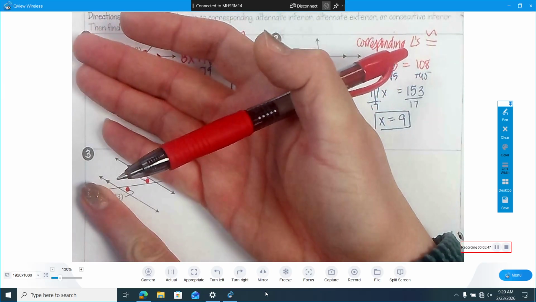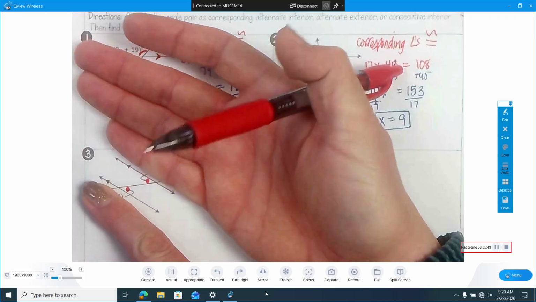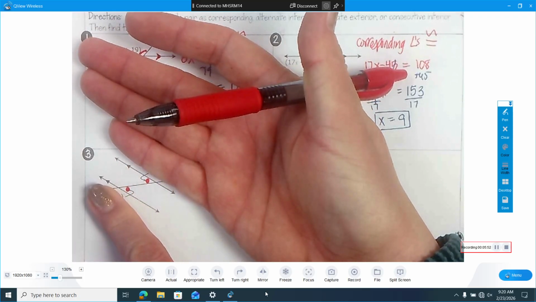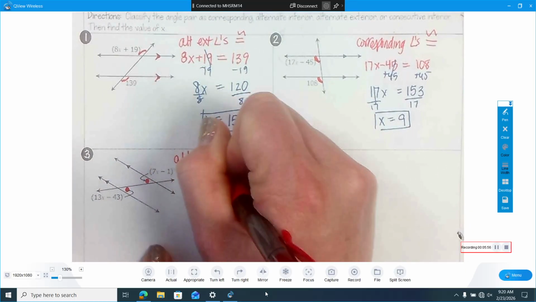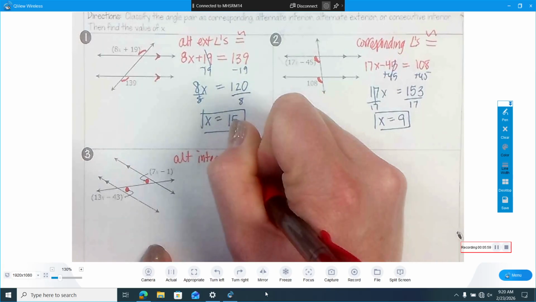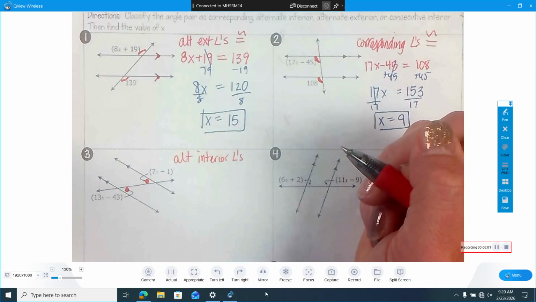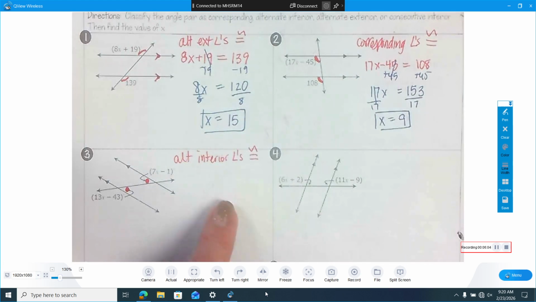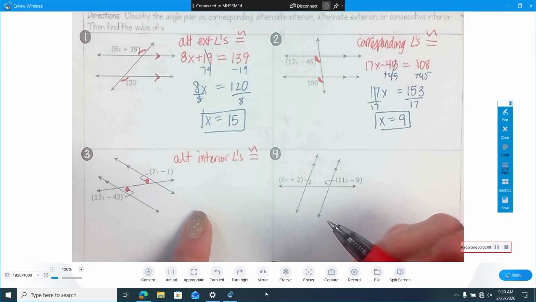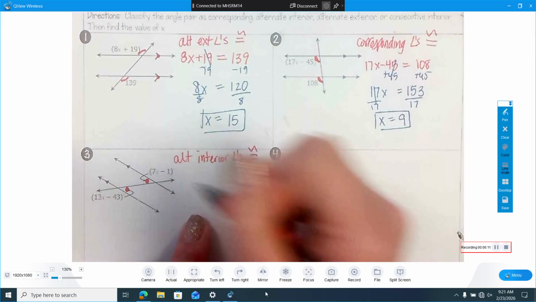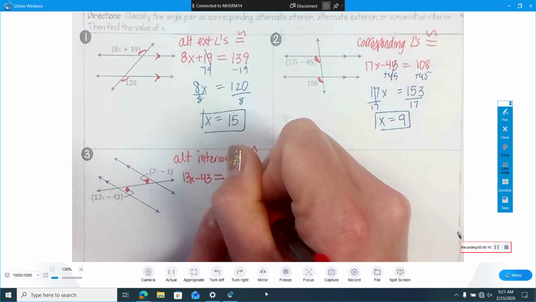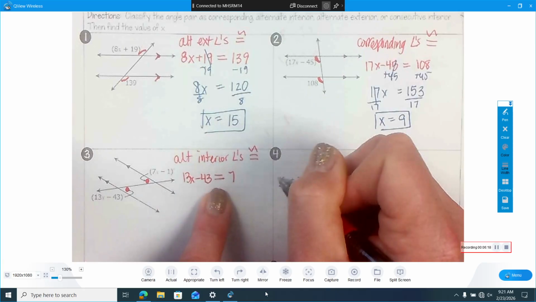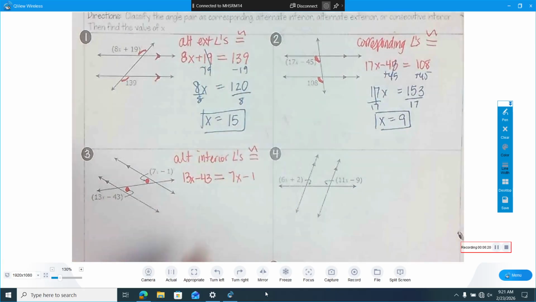Yeah, they're in between the parallel lines. So that's interior, and they're on alternating sides. So these are alternate interior angles. And what do we know about alternate interior angles? They are also congruent. If they're congruent, what's our equation? 13x minus 43 equals 7x minus 1.